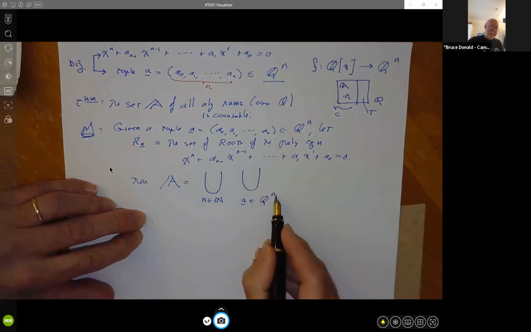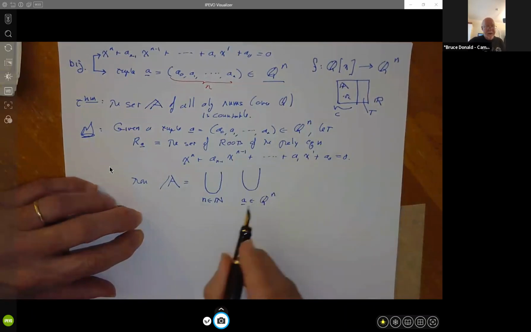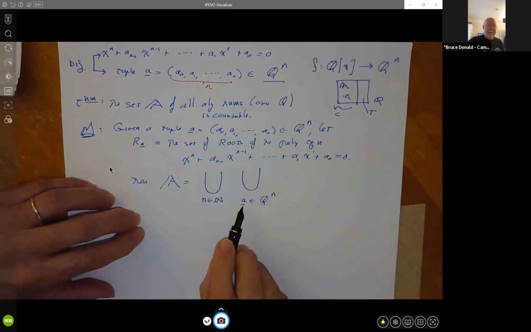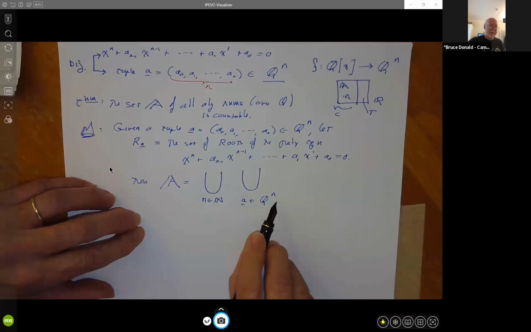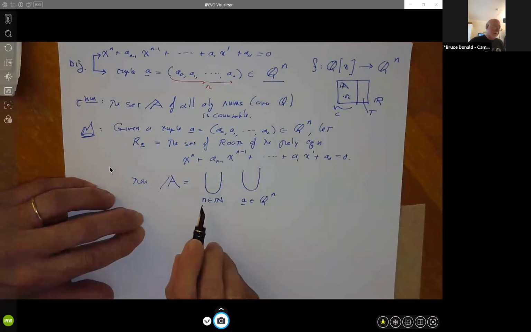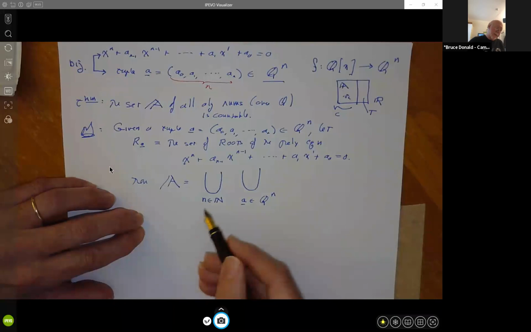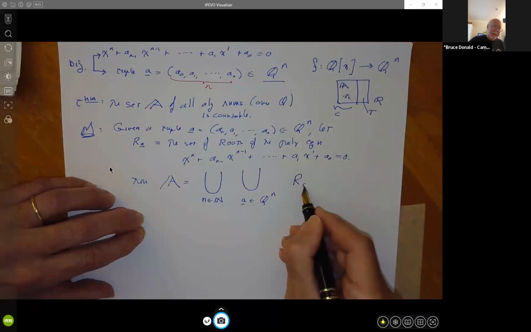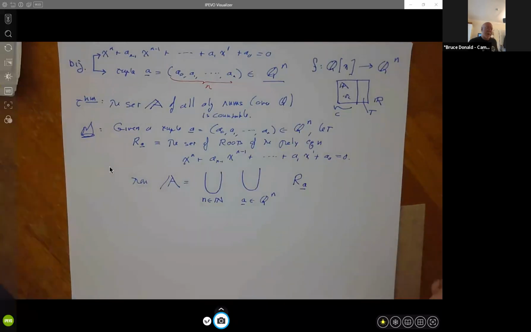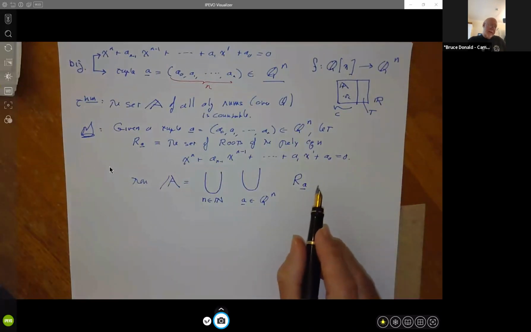So notice this n depends on that n. Here I'm taking unions over vectors of size n containing any possible rational coefficients. Here I'm varying the n from, say, 0 all the way up to infinity. And here I just have my set R sub a. So I take my roots and I union them up.